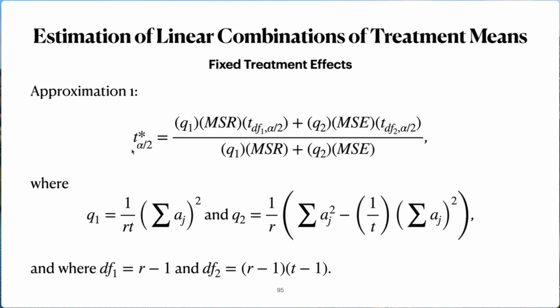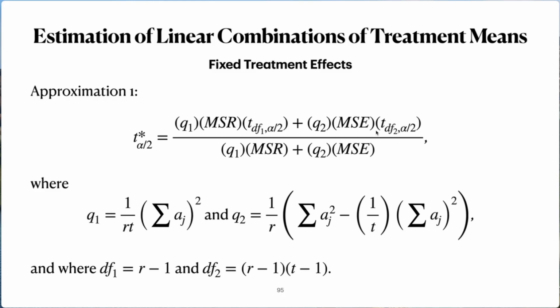And so what this is doing here, notice that we've got the mean square for blocks involved. We have the mean square error involved. And notice also that we've got two known t-values. We have the upper alpha over 2 percentage point from the t-distribution with degrees of freedom equal to r minus 1.